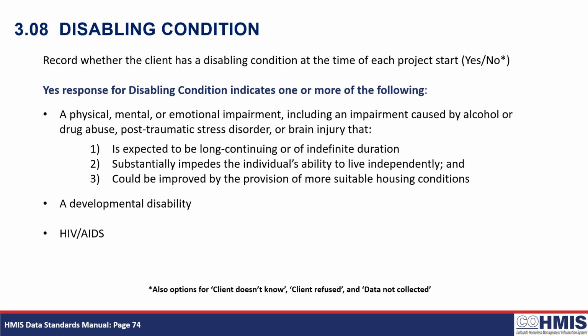We're going to have a few slides about disabling conditions and disabilities because the way HUD quantifies disabilities is a little bit tricky. So for each client, we record an overall yes or no, does the client have a disabling condition?